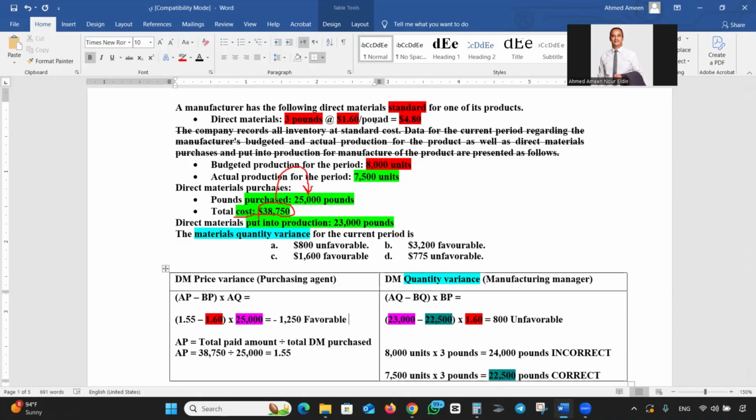Because the purchasing agent bought at a price which is less than budgeted. He bought at a cheaper price, which is good, which is favorable. This side is not asked in the question, but we took it anyway. The correct answer will be 800 unfavorable, the answer A. Best wishes. Thank you.